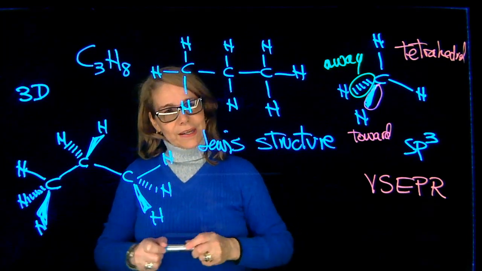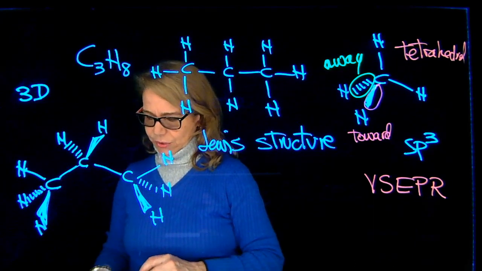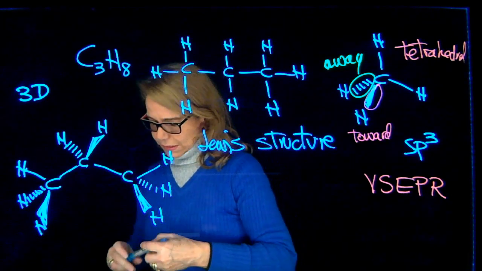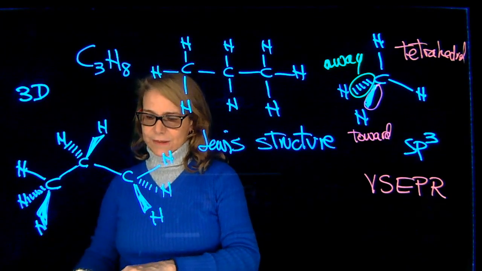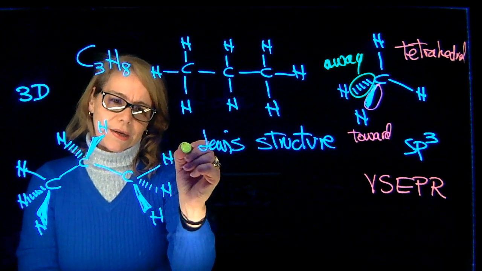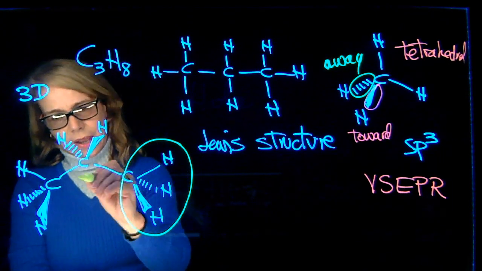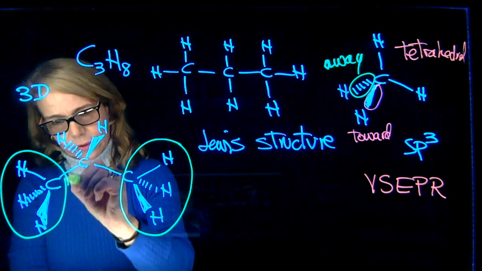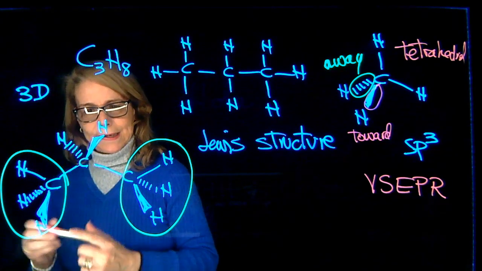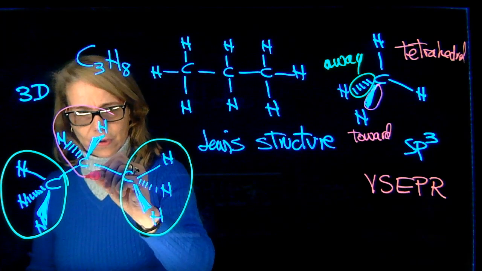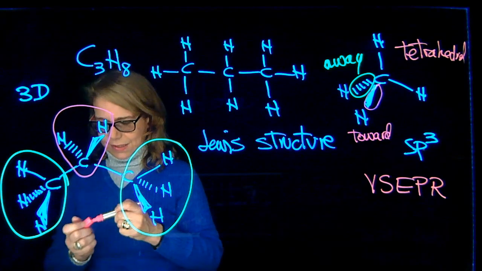Now, there's yet another type of representation. I'm going to write the 3 hydrogens attached to the carbon together, and this 3 also together, and then these 2 attached to the central carbon.